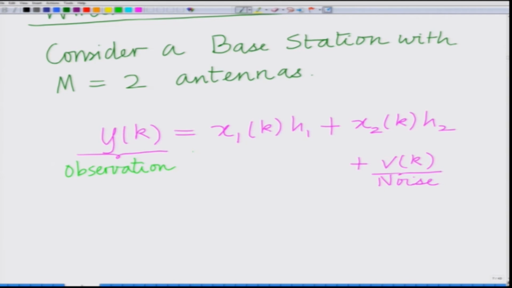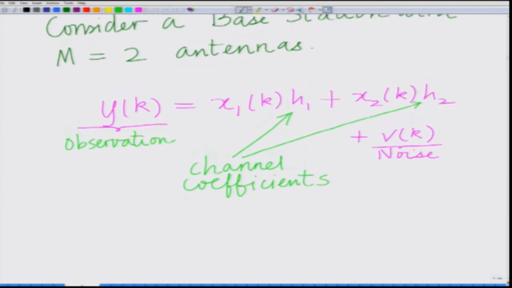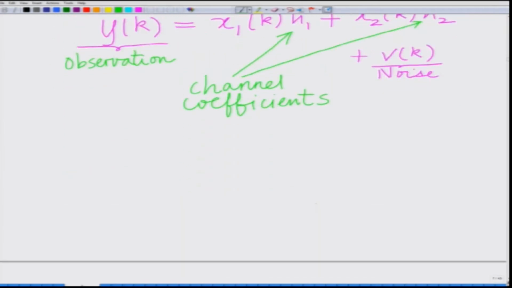And we have h1 and h2, these are the two channel coefficients of the multi-antenna channel.